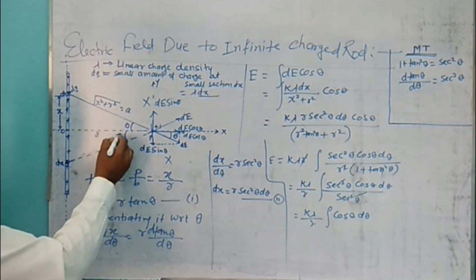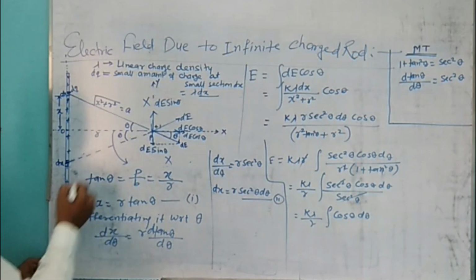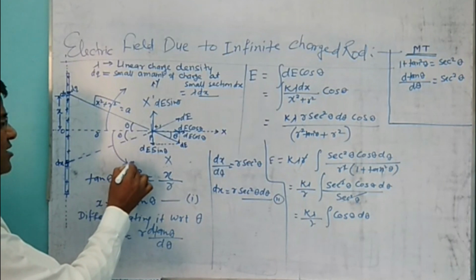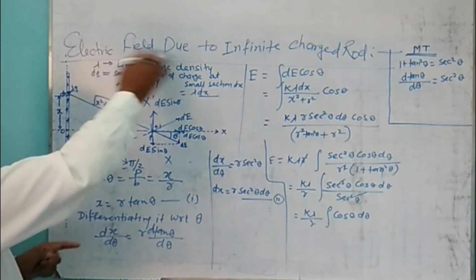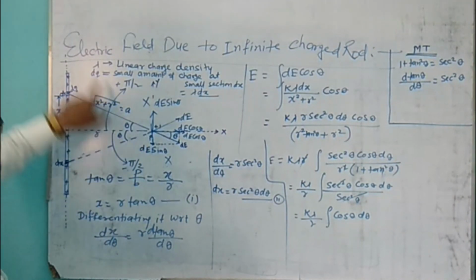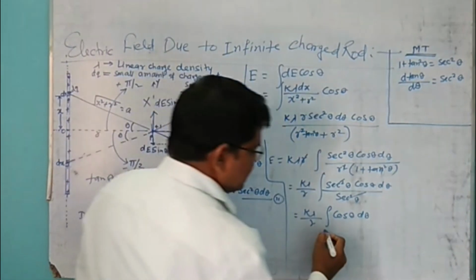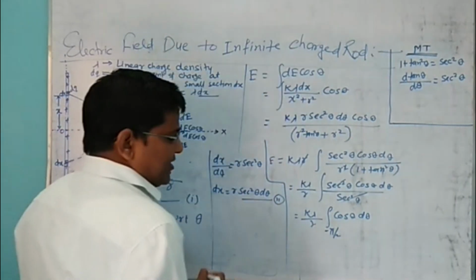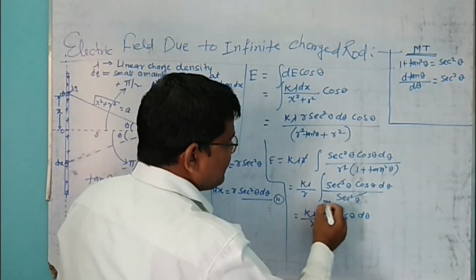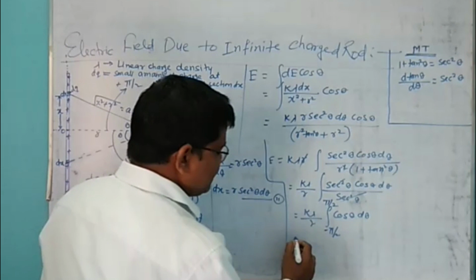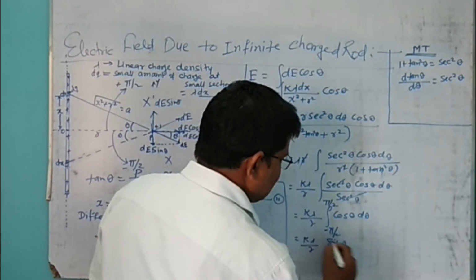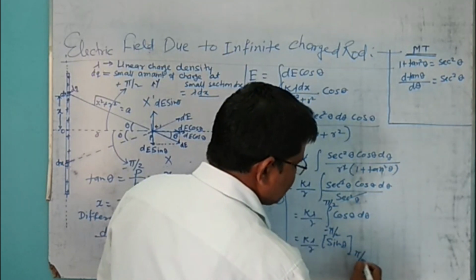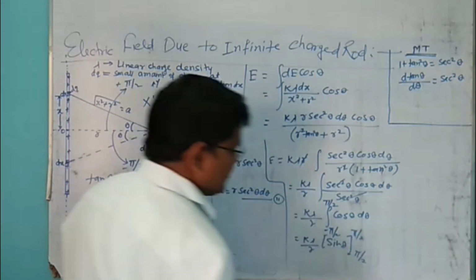This angle is also theta, and it is increasing, so the limits become minus pi by 2 to plus pi by 2. This becomes k lambda by r into sin theta from minus pi by 2 to plus pi by 2.